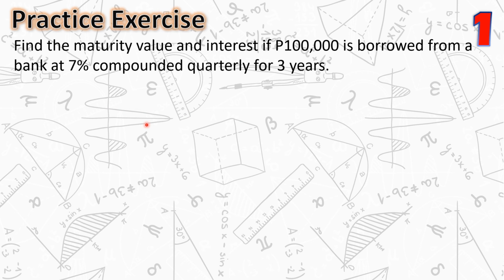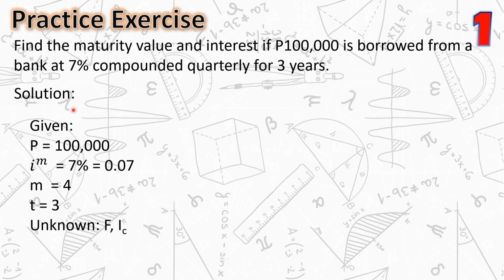Time is up. Let us show the answer. So the given information are P equals 100,000 pesos. Nominal rate is 0.07. Frequency of conversion is 4. The term is 3 years, and we're solving for future value and the compound interest.